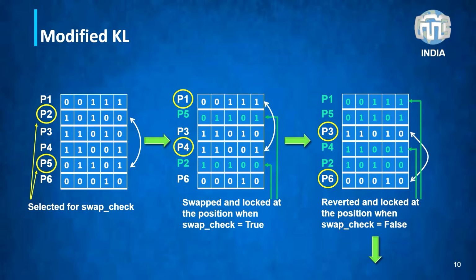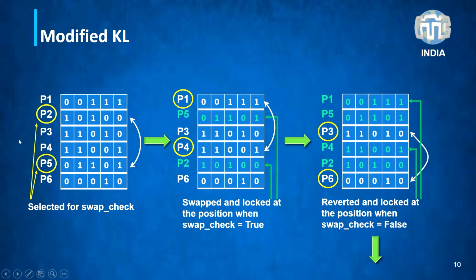Swap check is nothing but we are taking as input a pair of patterns and we are swapping them, like the positions of them are swapped, and we are checking if the swap has caused a reduction in overall power distribution or not. If the swap check comes out to be true, then we'll consider that the swap has reduced the overall power distribution, and vice versa.